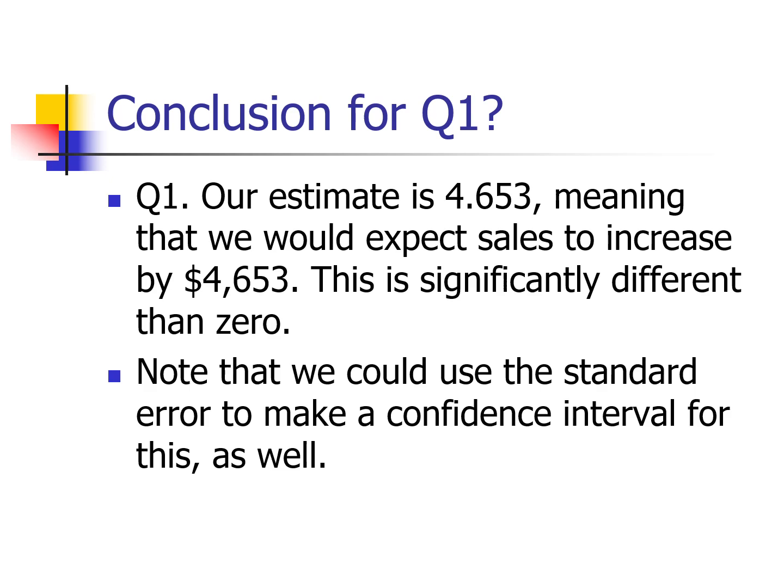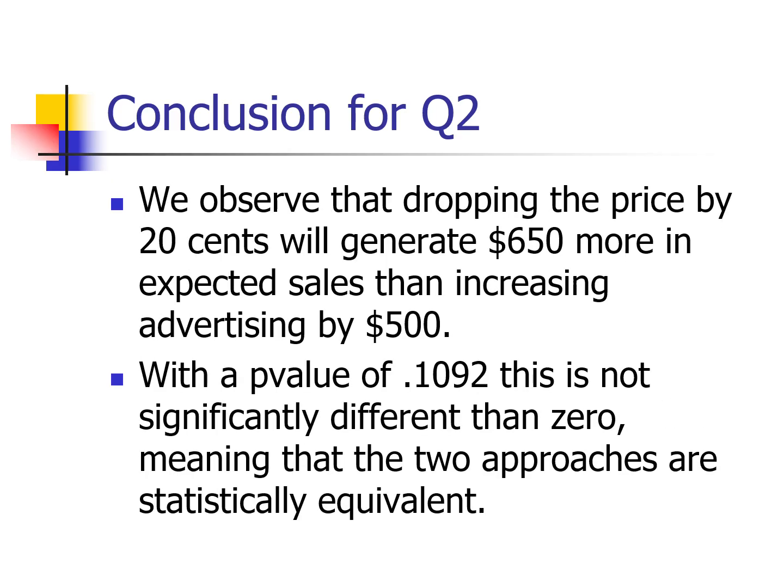And like I pointed out earlier, we could use the standard error to make a confidence interval for this, or do hypothesis tests to see whether it's significantly different than some benchmark or target goal. For question two, we observed that dropping the price by 20 cents will generate $650 more in expected sales than increasing advertising by $500. The p-value though was not significant.